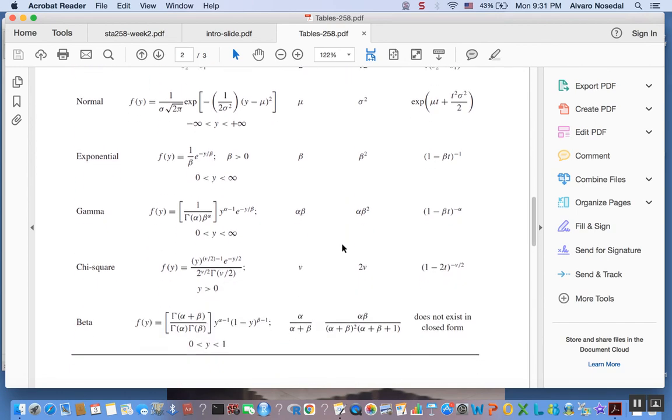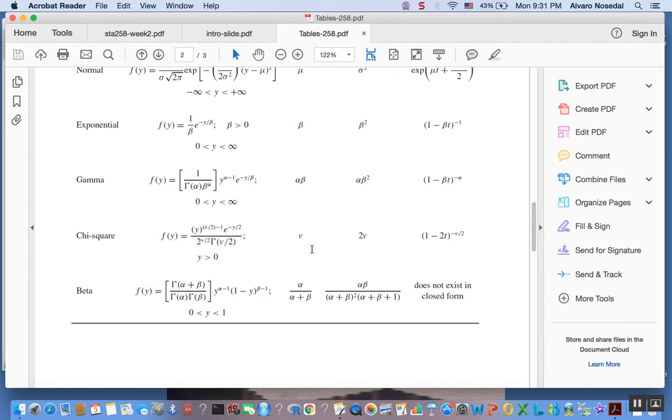Let's find the MGF of a chi-square distribution with n degrees of freedom. In this case they use a Greek letter, nu. So for n degrees of freedom we are going to have 1 minus 2 times t to the power minus n divided by 2, right? That would be the MGF of a chi-square with n degrees of freedom.